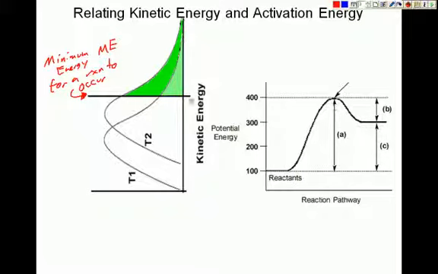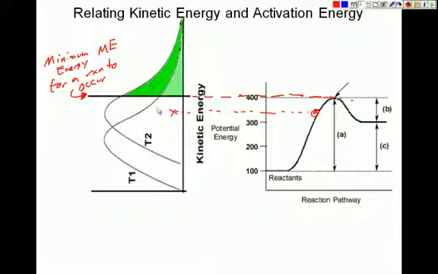We can line this up just right there. If a particle has this much kinetic energy, that much kinetic energy can be changed into this much potential energy, which is not enough for that particular particle to become a product, or to undergo a reaction. So the minimum energy a particle has to have is this amount right here.